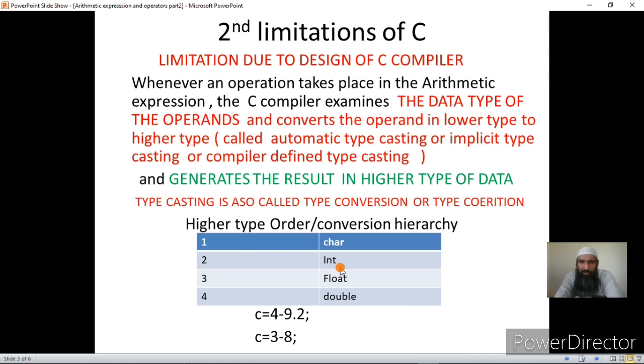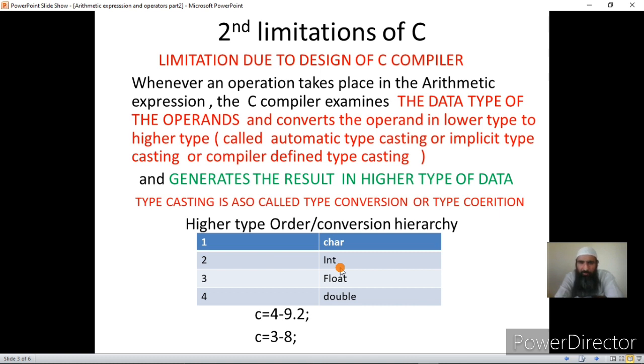Okay, and once it knows the data type of the operands, then it will convert the operand of lower type to the higher type. So some conversion will take place. Conversion of what? Conversion of the data type. Data type of what? Data type of the operand.